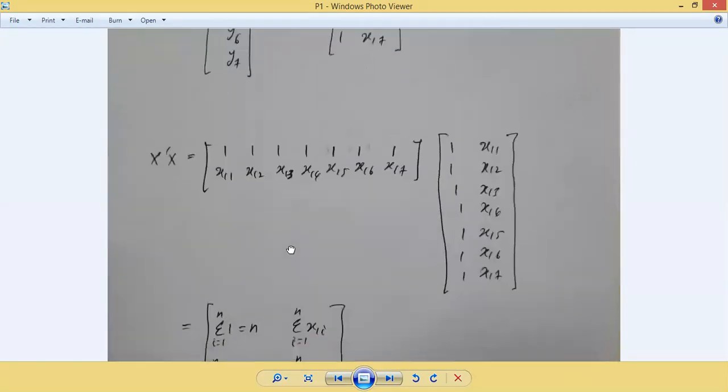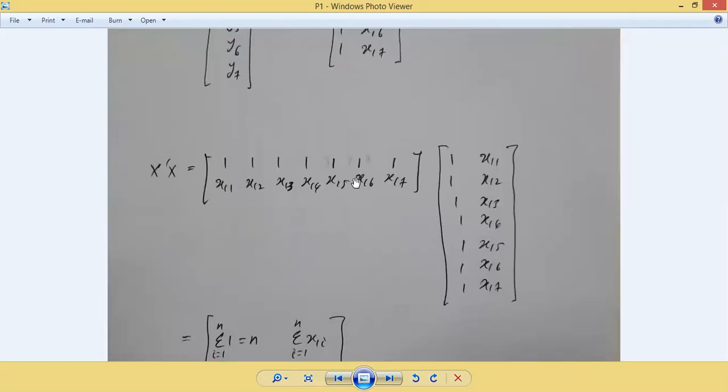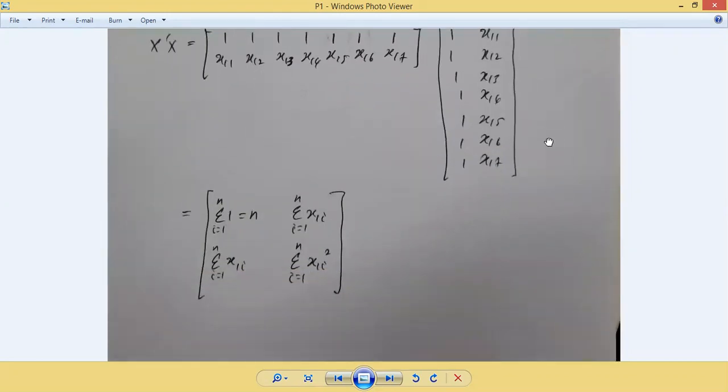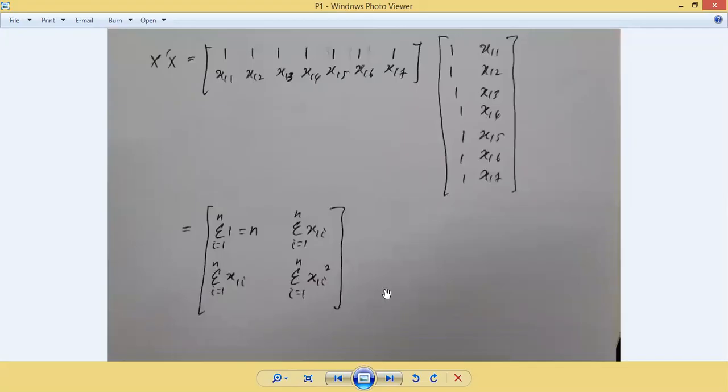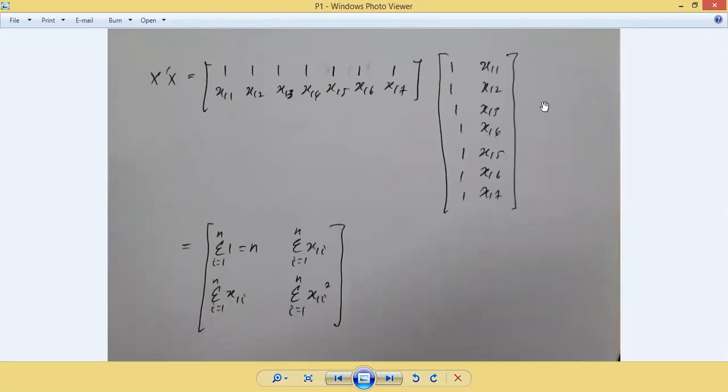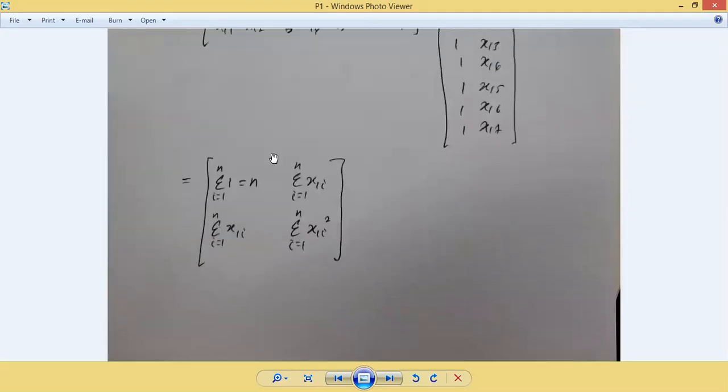If you multiply the second row and the first column, you get the same. Then the second row and the second column: x11 times x11 plus x12 times x12, and so on. So it produces the sum of x squared, because each is multiplied by itself. So that's how we obtain this.